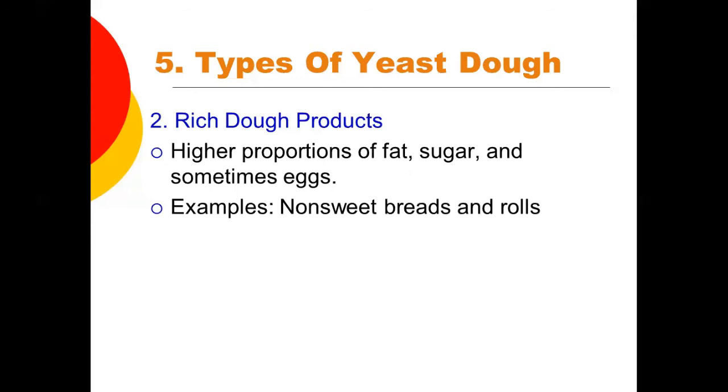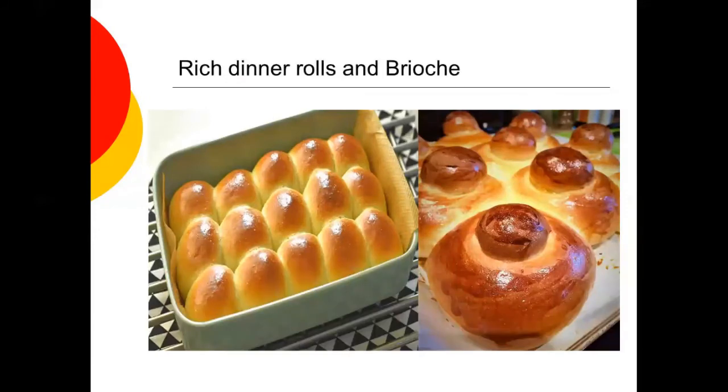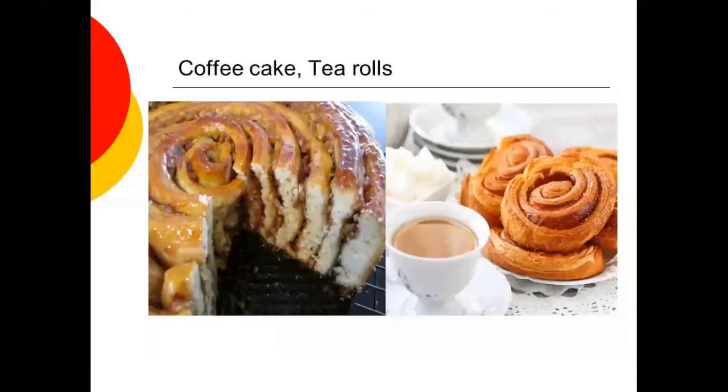Examples are non-sweet breads and rolls, which include rich dinner rolls and brioche. The sweet rolls include coffee cake and tea rolls.